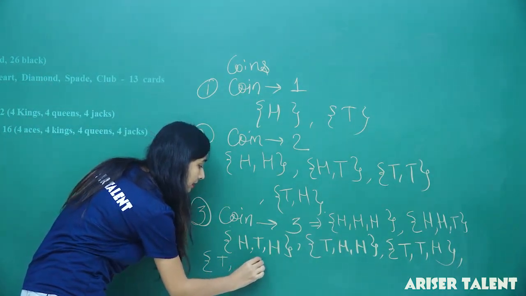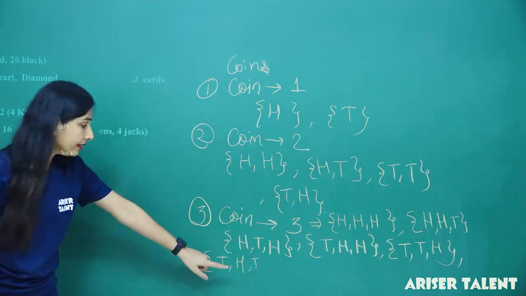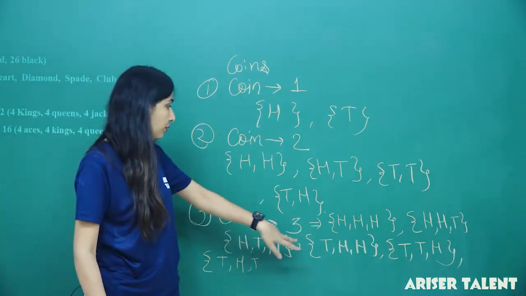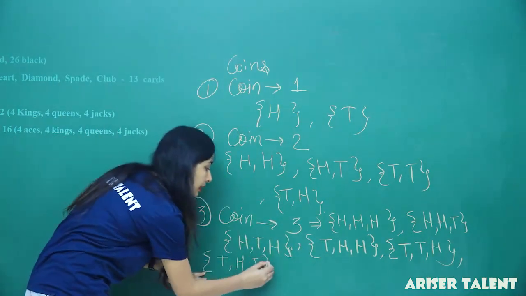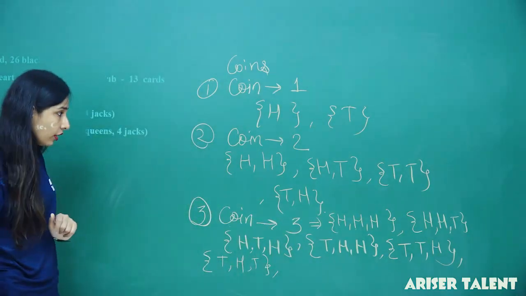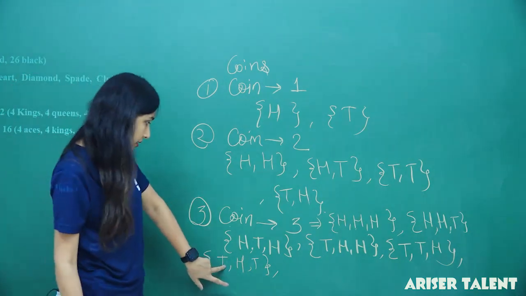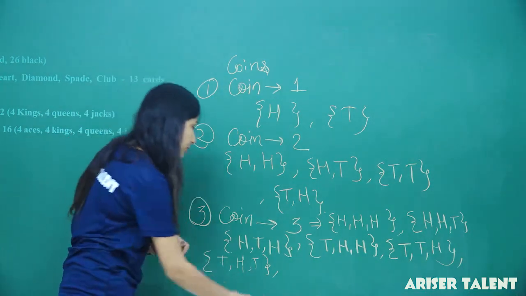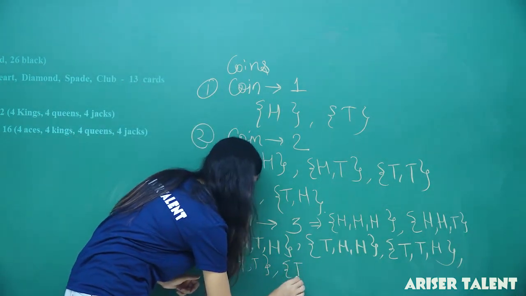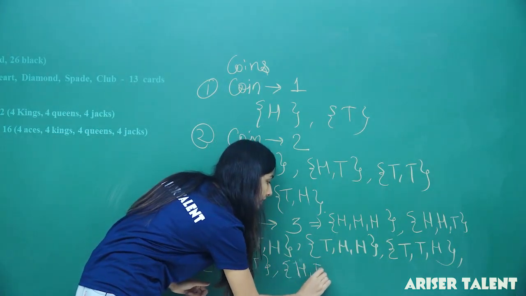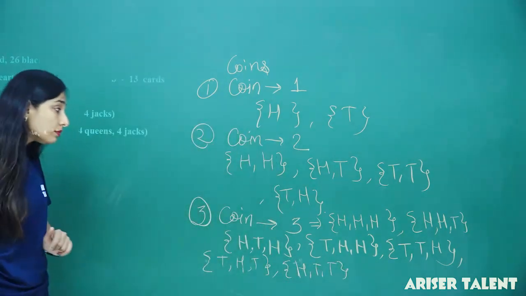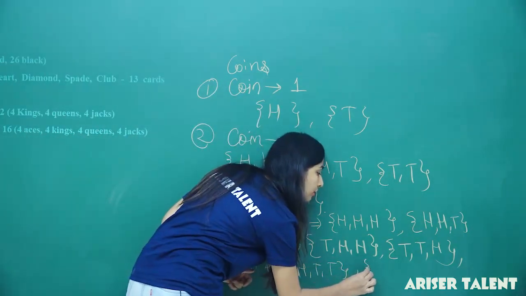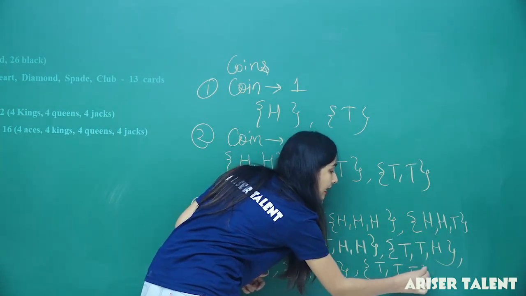Of course 2 tails and 1 head, but the head is now on coin number 2. Okay, so 1, 2, 3, 4, 5 and 6. Then what else? Can I have that head here? Right. So I can have this head here and then tail and tail. Now what else? I can have all 3 as tail, tail, tail.